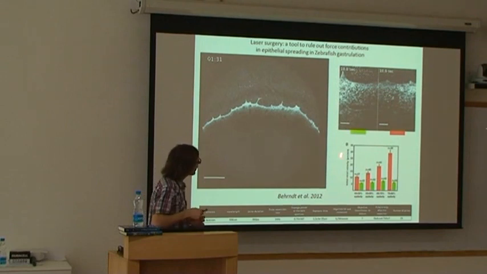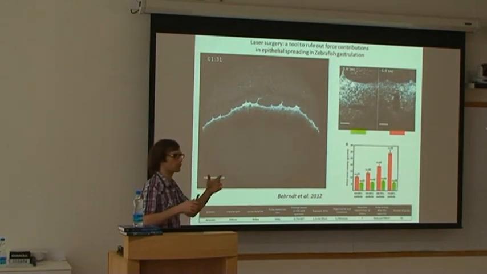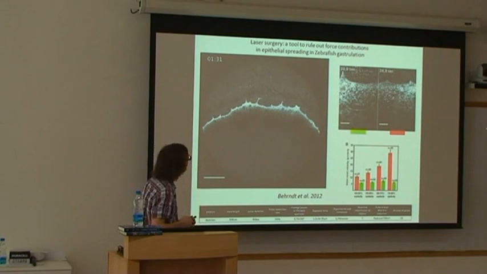But then he tried to create a model and see how much this ring could contribute to the movement of the ectoderm. And he saw that the relaxation of this component, along the animal vegetal pole, is much more than what he could predict with this model.